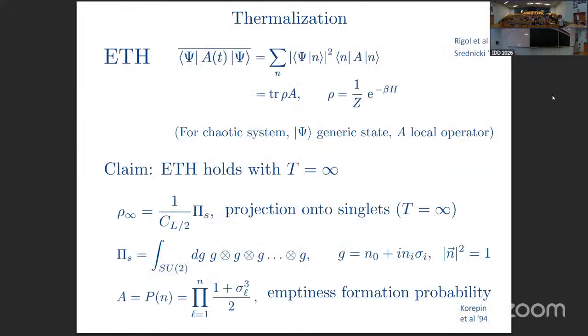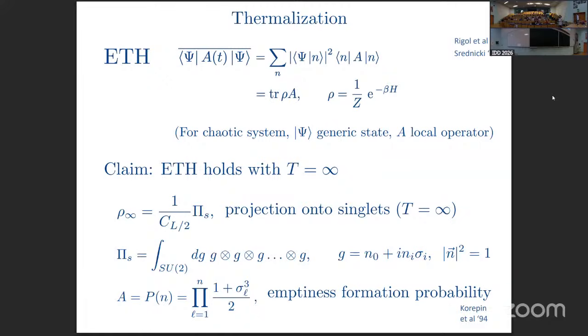Good. Okay, so we can try to study these black hole states in other ways. We can try to look at their thermalization properties. And we will do that by making use of what is known as the eigenstate thermalization hypothesis. It's a hypothesis which says that the time average expectation value of some operator, which is local, in a state which is sufficiently generic, is actually given by the expectation value of the operator in the thermal ensemble.